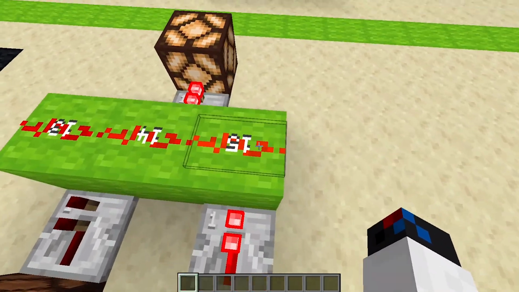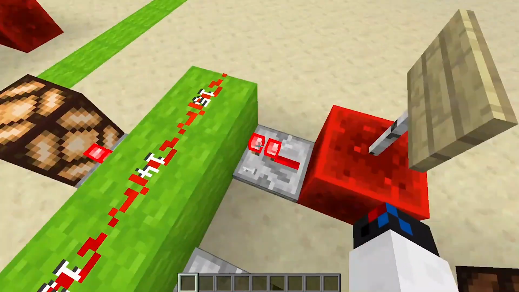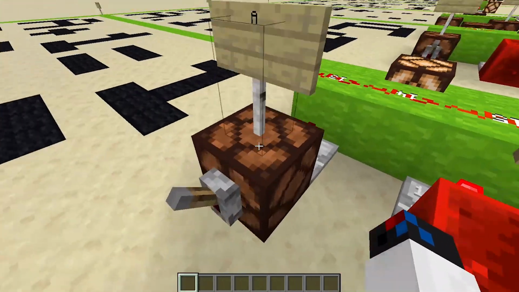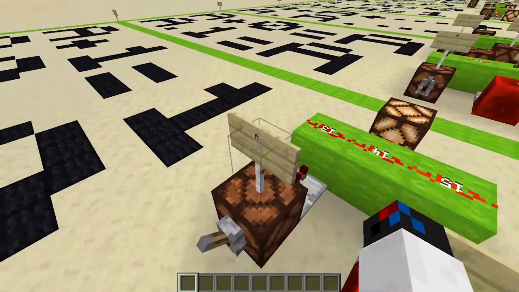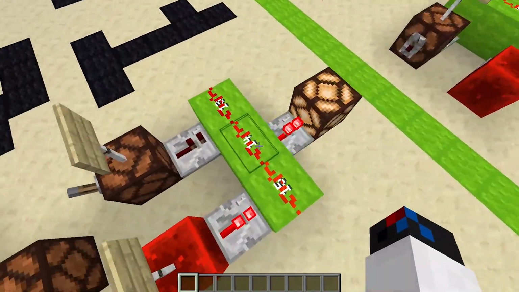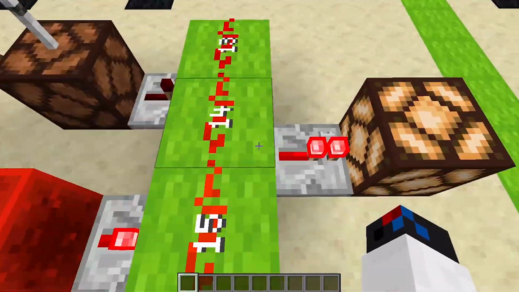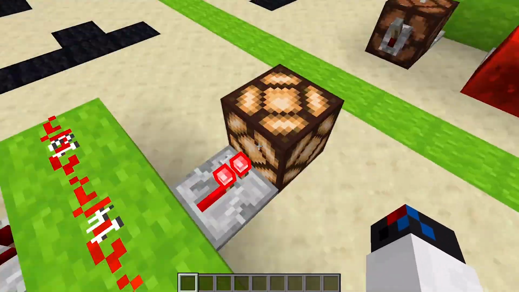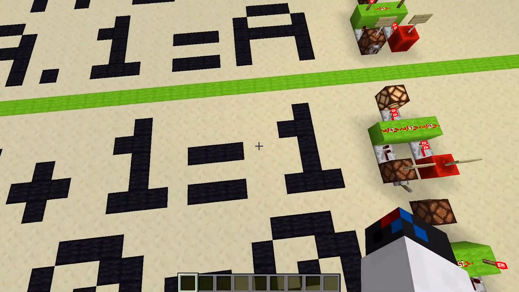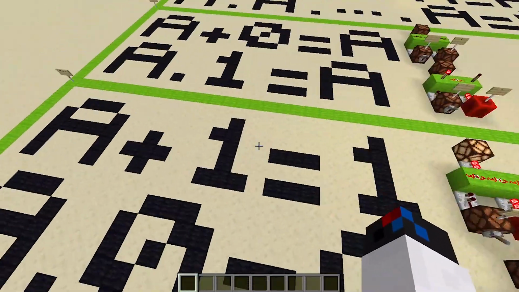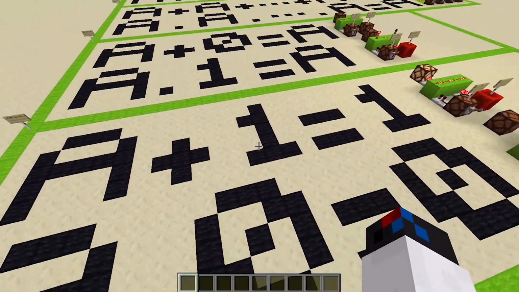This redstone is always powered by this repeater, so no matter what input we give A, this redstone dust will always be on, which means this redstone lamp will always be on. So that's why this is a thing in Boolean algebra, and only in Boolean algebra.